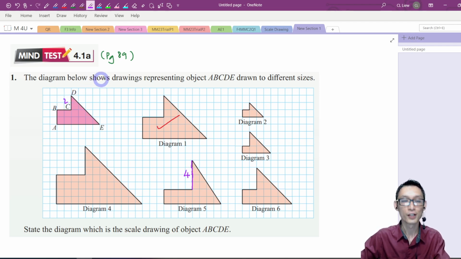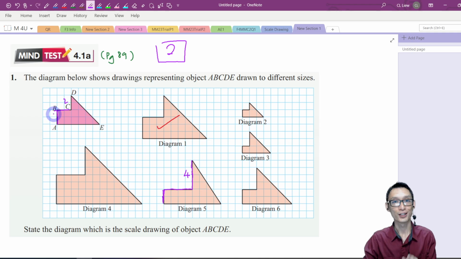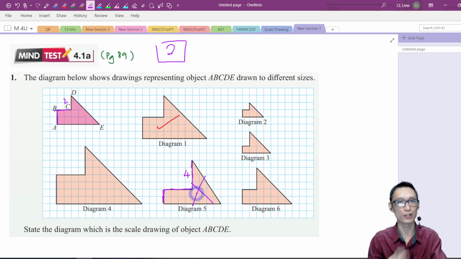This is 2. So 4 divided by 2, you get 2. Here, 1, 2, 3, 4. Here is 2. 4 divided by 2, you get 2 again. No problem. How about here? 2 divided by 2. Now you get a different answer, which is 1. Therefore, we can conclude that this is not a scale drawing.